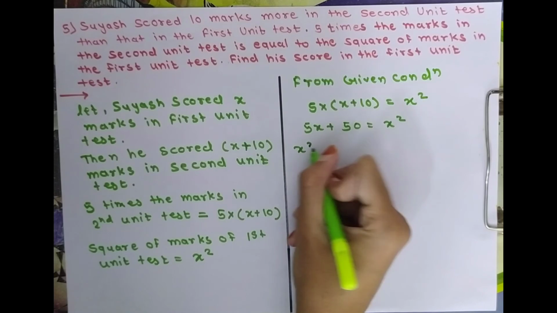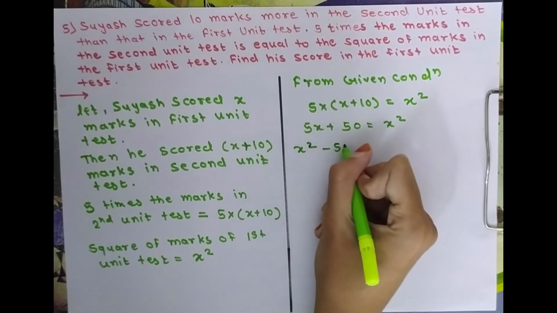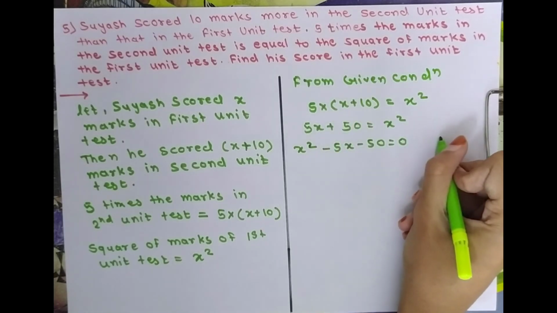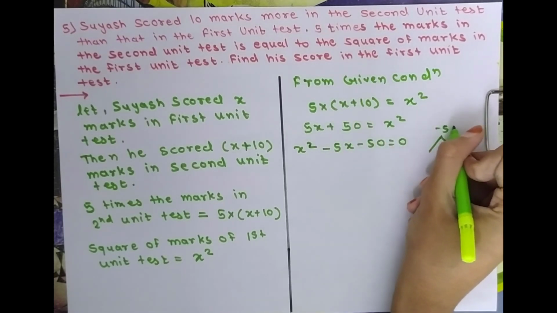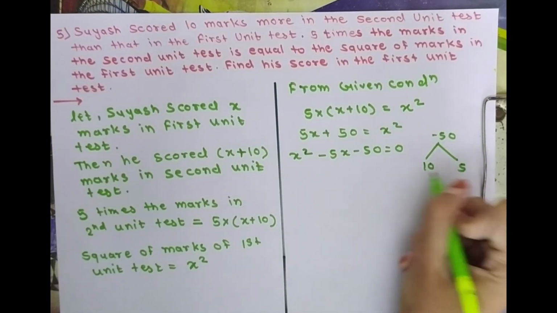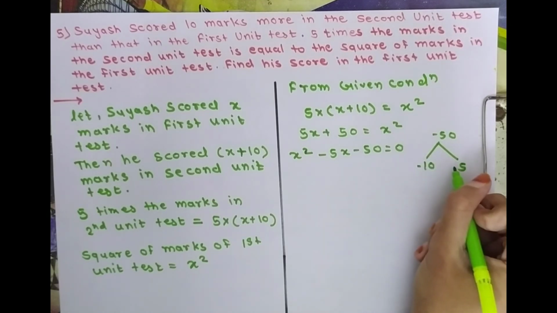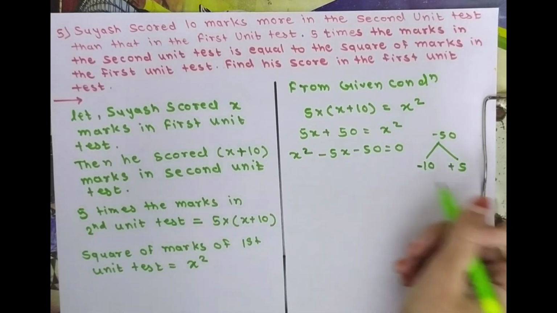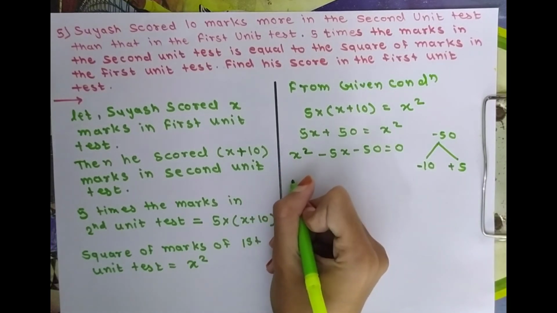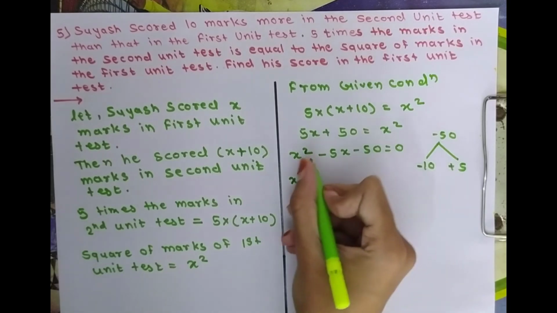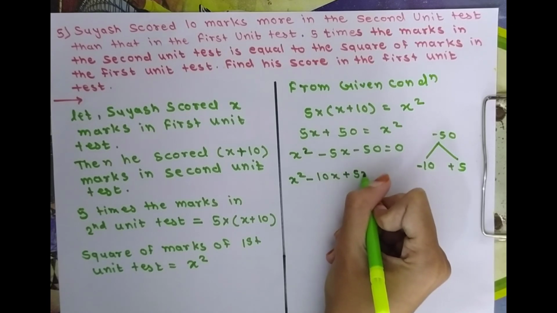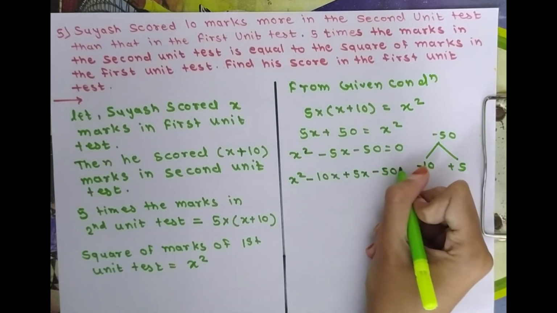So x square minus 5x minus 50 is equal to 0. This all goes on here. So here what want? Minus 50 and addition is 5. So 10 5s are 50 and 10 minus 5 is 5. Okay. So x square minus 10x plus 5x minus 50 is equal to 0.